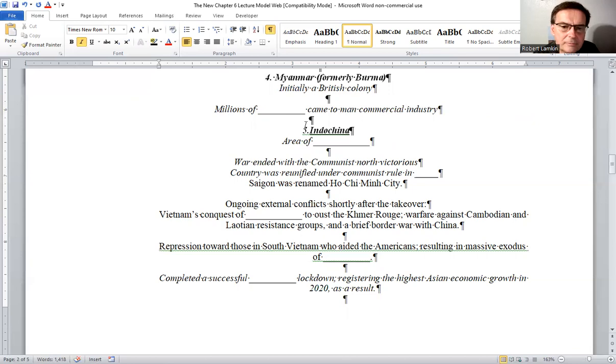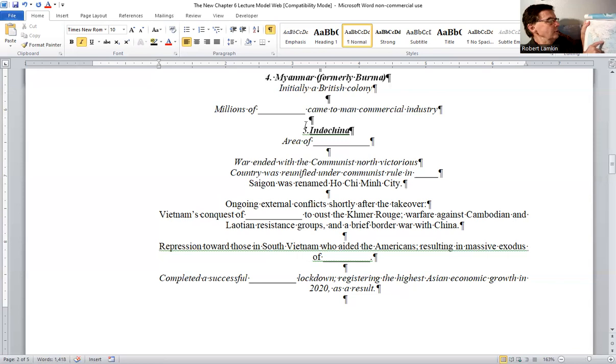Thailand. We're moving back up to the mainland, but for Thailand, go back to page 275. Thailand is probably one of the oddest shaped countries in the world.